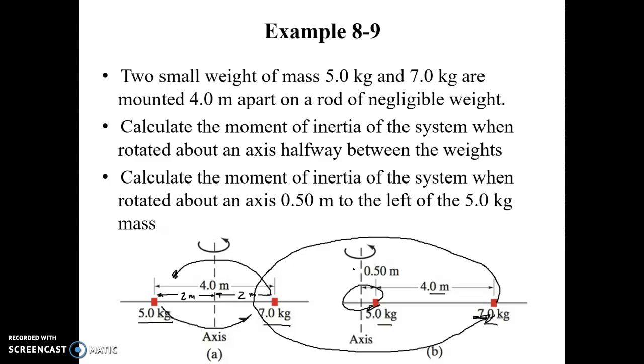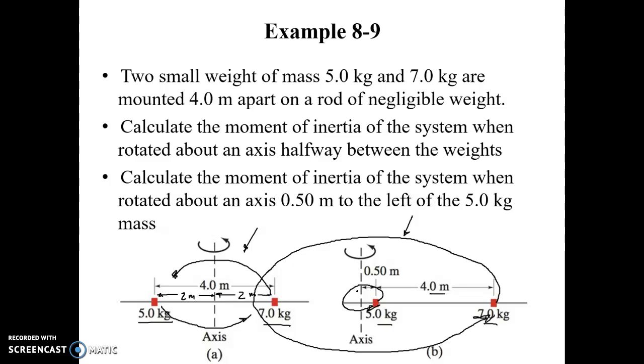As you can imagine, this second part B is going to be more difficult because this 7 kilogram mass has to travel a much longer path. But we're going to prove mathematically that this is easier to rotate than this, even though the masses are the same. The way they are distributed with relationship to the axis is very different.